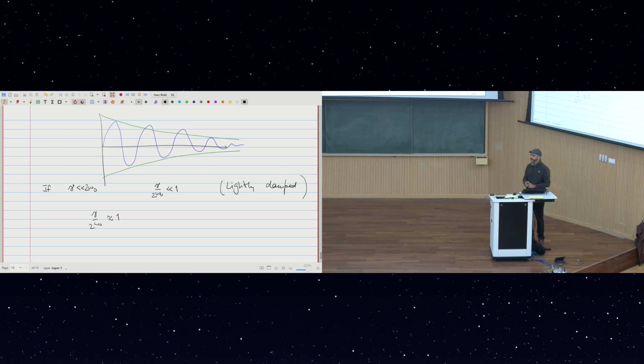If it's much less than 1, it really doesn't matter if you add a 2 there. Strictly it's 2 there, that's okay. So gamma by 2 omega naught is close to 1, still less than 1 but close to 1. In that case, the situation is called heavily damped.